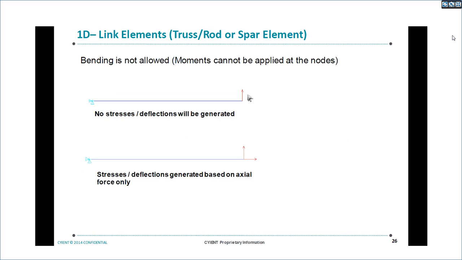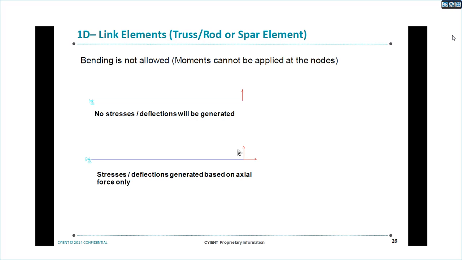When you try to apply a bending load, it won't generate any stresses, because there are no rotational degrees of freedom in the 1D link elements, so it won't allow. So when you try to apply two types of loading, one axial and one bending, it will generate stresses only for the axial force.